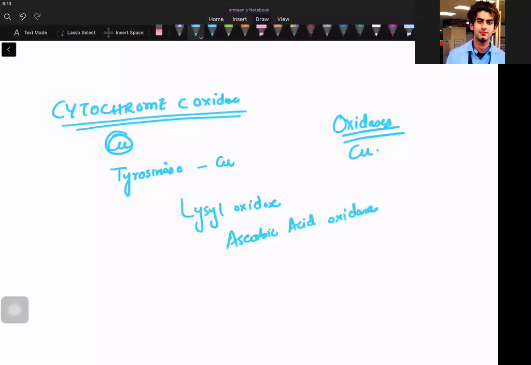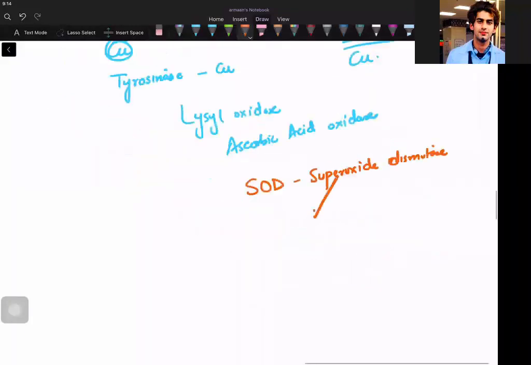Do you remember I had taught you something called SOD, superoxide dismutase? This superoxide dismutase can be of two types. Who can tell me?